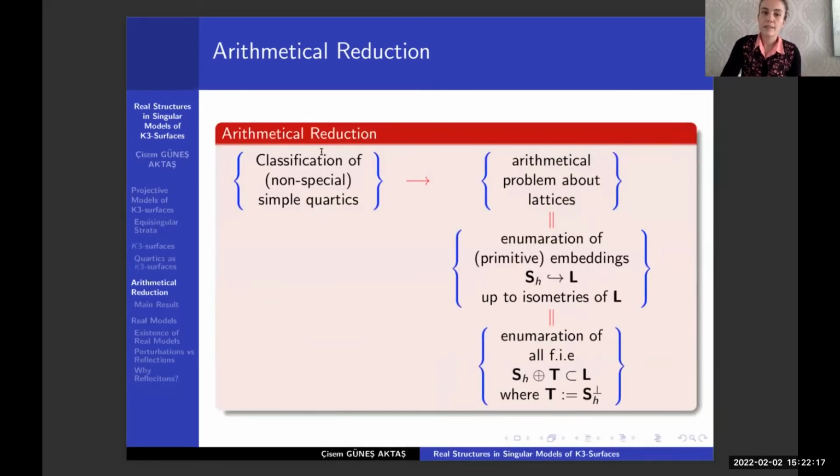So instead of dealing with the classification problem on the geometric side, I will deal with the enumeration of such embeddings up to isometries of L in the arithmetical world. This is the same as the enumeration of all finite index extensions like this, where T is the orthogonal complement of this lattice.